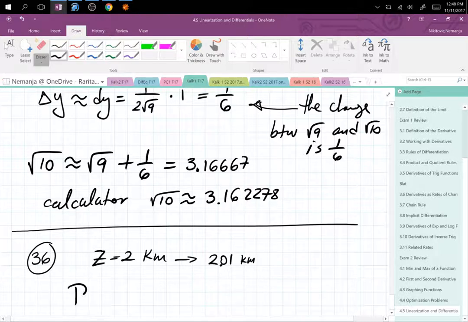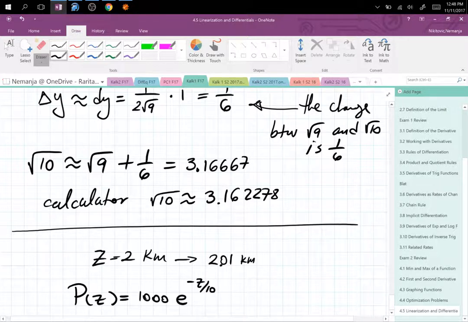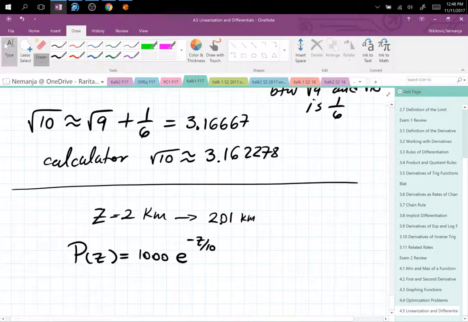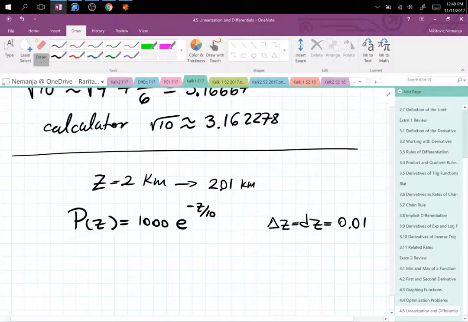And pressure in terms of the height is given as 1000 e to the negative z over 10. So delta z, which is the dz, is 0.01, right? Destination minus the number.